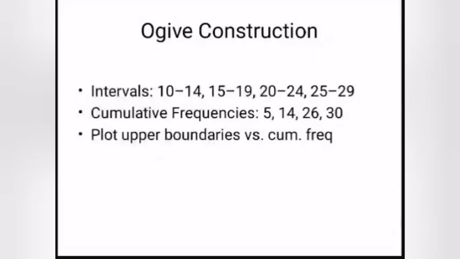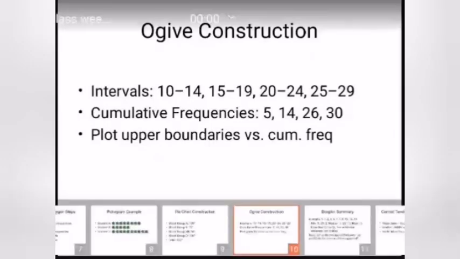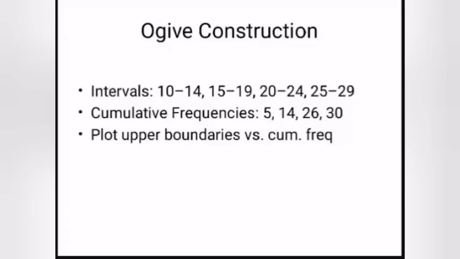Then the next interval, you minus 0.5 from 15, you have 14.5, and add 0.5 to 19, you have 19.5. The same thing, you minus 0.5 from 20, you have 19.5, and you add 0.5 to 24, you have 24.5.